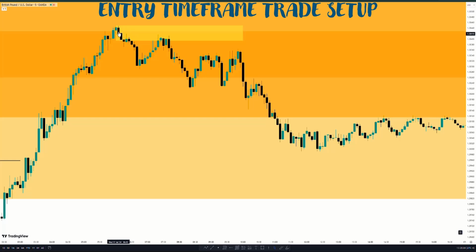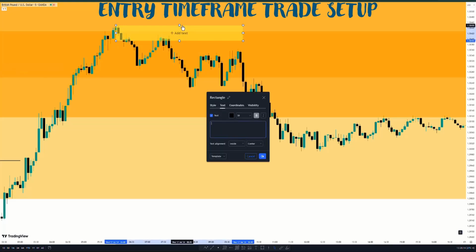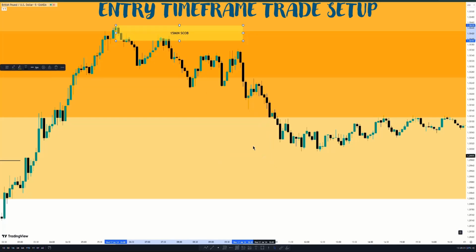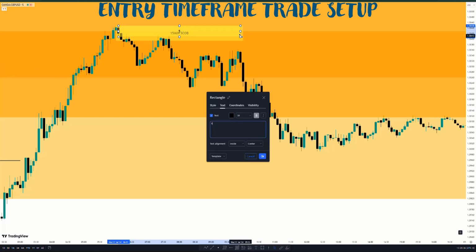Here you have a single candle order block within another single candle order block on the 15-minute chart. Let me label this: the 15-minute chart single candle order block, and also this 5 minutes single candle order block right here.